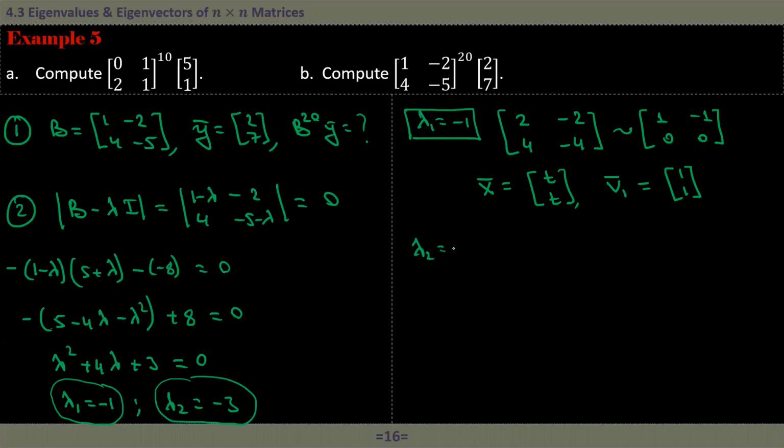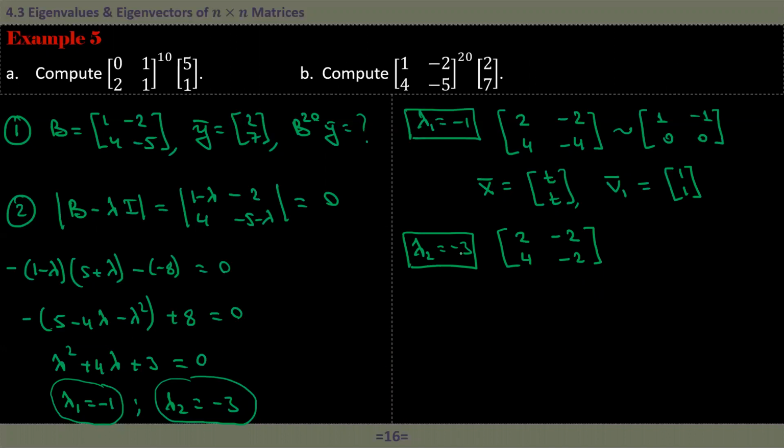How about if lambda equals negative 3? Here in the augmented matrix, of course, I'm not writing the actual 0 column. With -3, we have 1 minus (-3), that's 4, -2. Here we have 4, and -5 minus (-3) is -2.